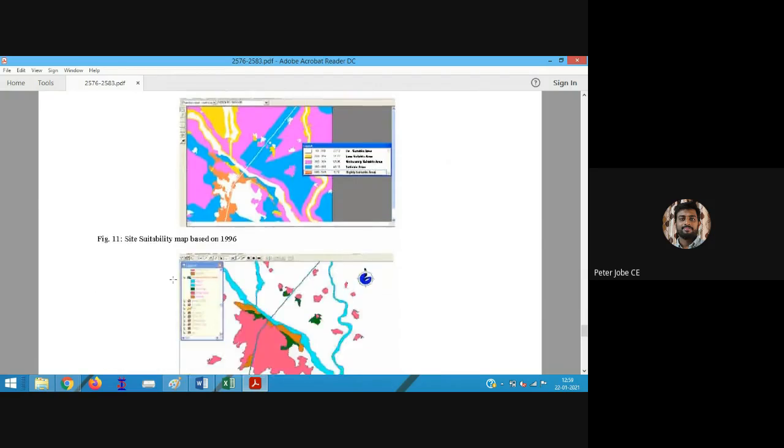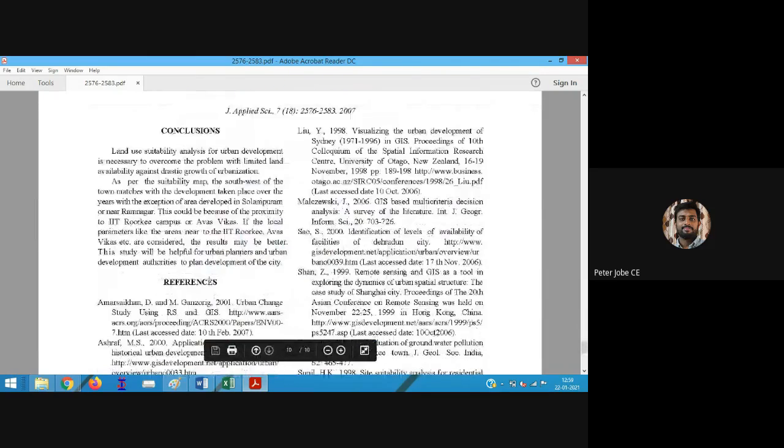This is the way you need to answer this kind of question. Whatever the question may be, related to site suitability analysis of a residential area or industrial area or any other thing, you can change the details depending on it. So this is the way you need to answer all these questions.